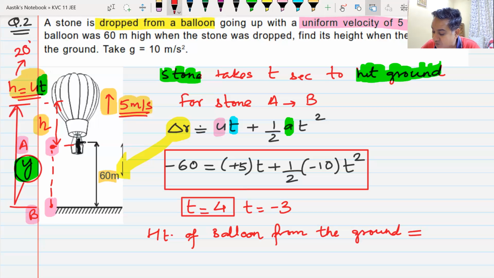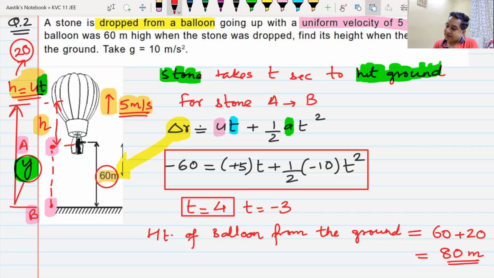H is only 20. How is the answer 80? Plus 60, sir, because 60 meter it is already up. So it is 60 plus 20. And the answer is 80 meters high. The balloon is 80 meters high when the stone touches the ground.